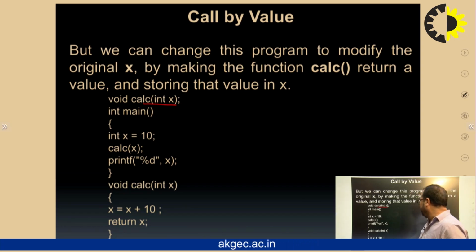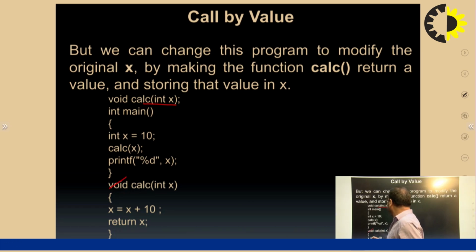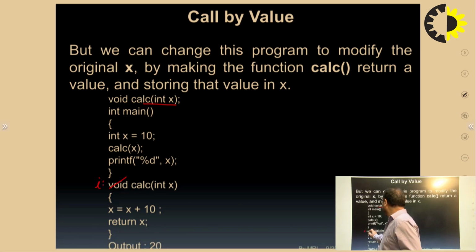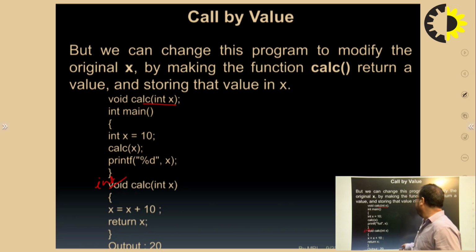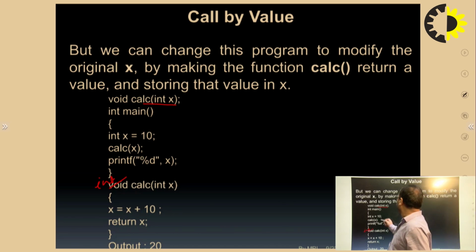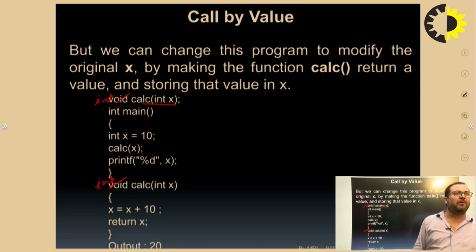Now calc takes x equal 10 and returns x. Return x means x equal to 20. Actually, return x, so there will be used int calc. Then and only then it will return, and here it will be used int calc, then it is okay.